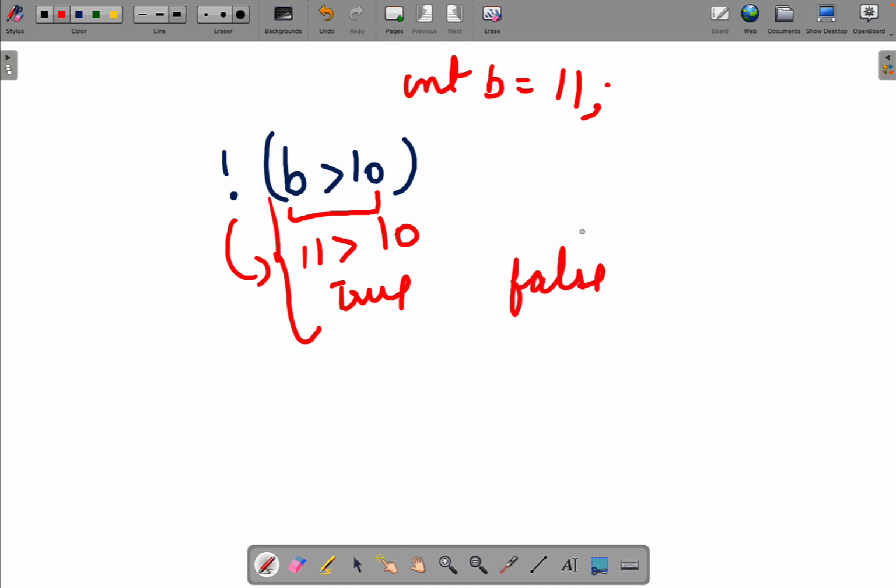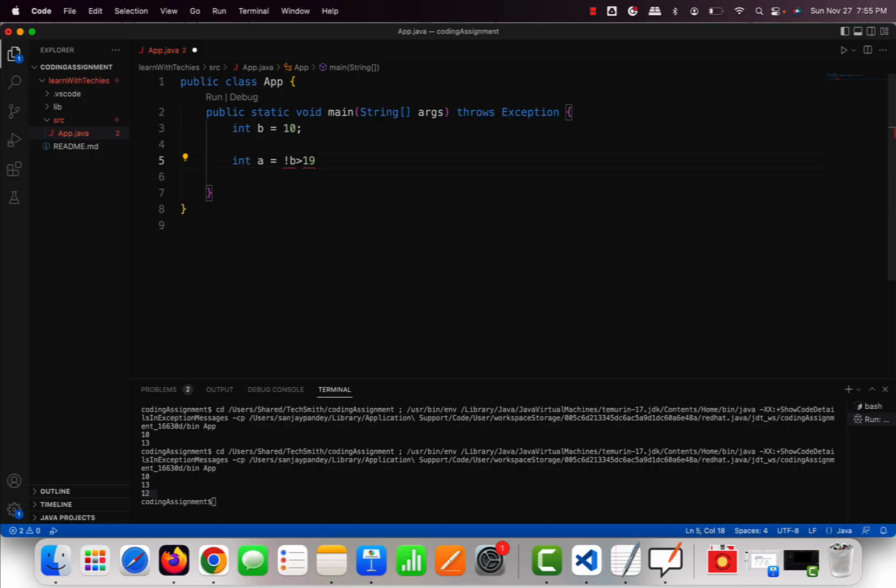So basically it can only have two values. If it's true, then it will be false. If it's false, then it will be true. One thing, if I write it something like that, we know that this not is a prefix operator, so it has the higher precedence. So it will read it something like not B, is greater than 10. But we don't want it like that, so we will put a parenthesis here.